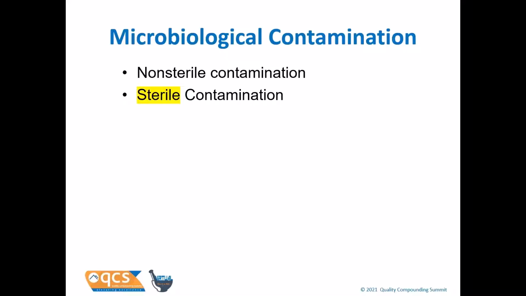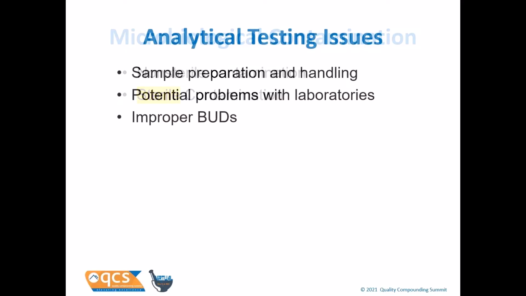Now, we've become very aware of water activity the last couple of years, especially with 795, 797, and beyond use dates. And so when you've got water present in a non-sterile preparation and it becomes contaminated, well, then that is a good opportunity for microbial growth to occur. And so non-sterile preparations can become contaminated, and that obviously should not occur.